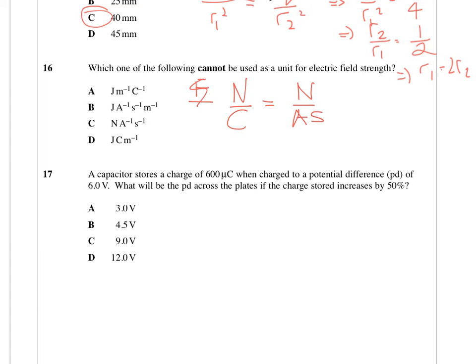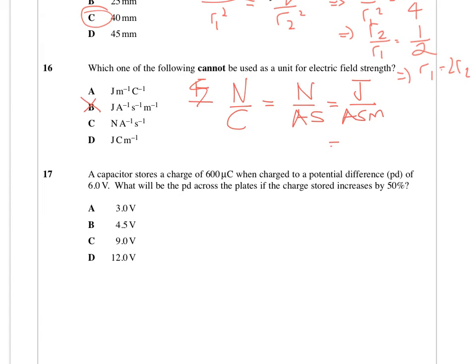What else are we going to try? We can replace newtons by joules per meter, because remember, a force times distance is energy, so energy divided by distance. Newtons per amp second, which is B, so that one can be used, so it can't be that one.